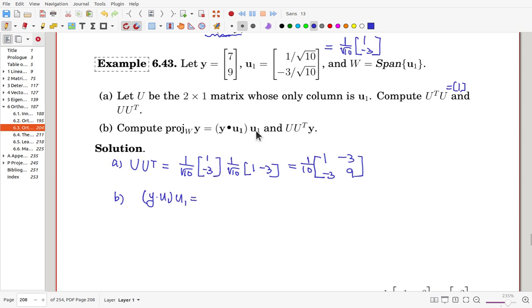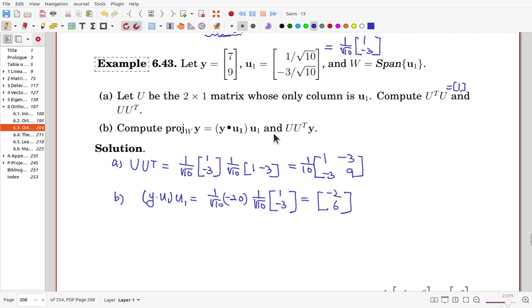Y dot U1 is 1 over square root of 10 times the dot product 7 minus 27, that is minus 20. And U1 is again 1 over square root of 10 times (1, minus 3). These two coefficients make 1 over 10, so the whole thing is minus 2 times (1, minus 3), and that will make minus 2 and 6.